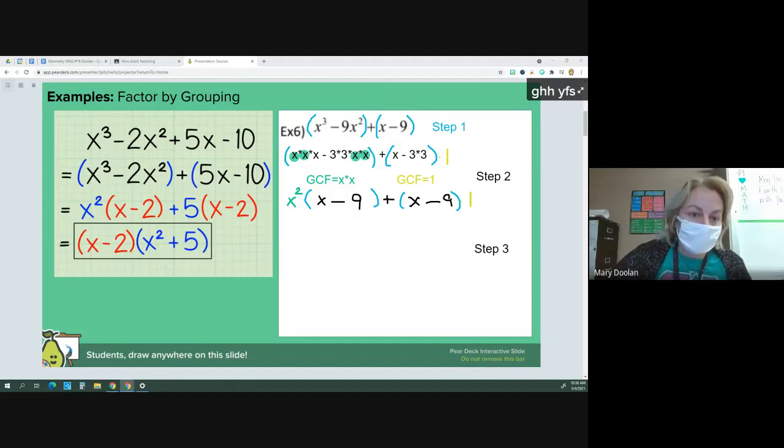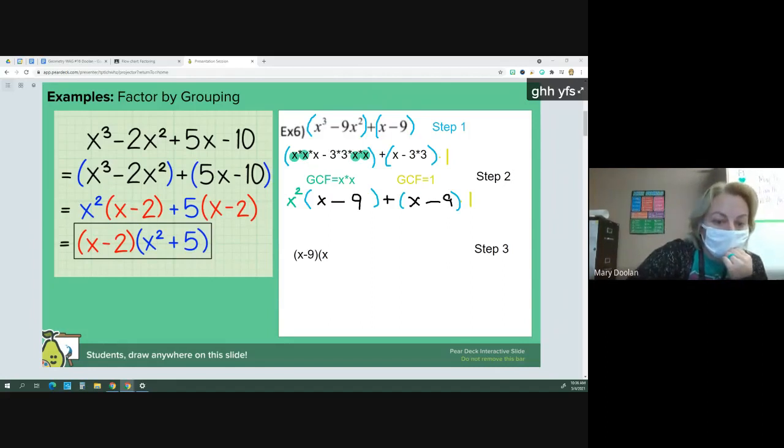So we can see that x minus 9 shows up in both. So that's going to be on the outside. That's the first term. And then what's left over is x squared plus 1.